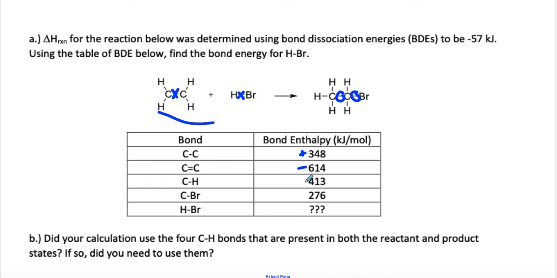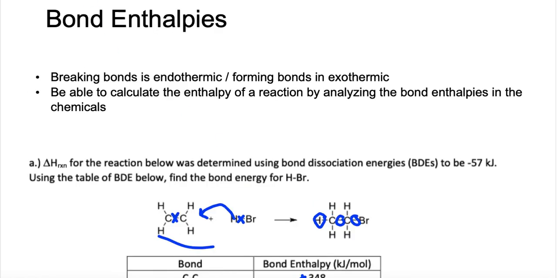So we're going to break the HBr, which is going to be negative, and we're going to form the CBr, which is going to be positive. And then finally, there's one extra H here that's going to connect with the C. That H has got to go over and connect. And so we need to form one of these CHs. And so you can figure out using this something in that equation. So that is bond enthalpy.